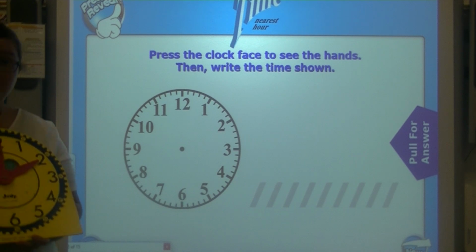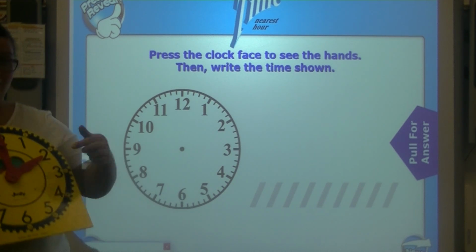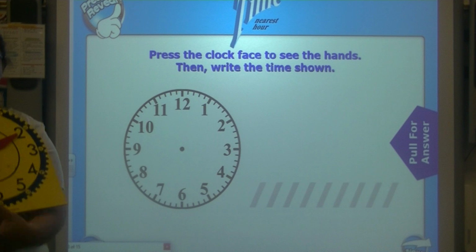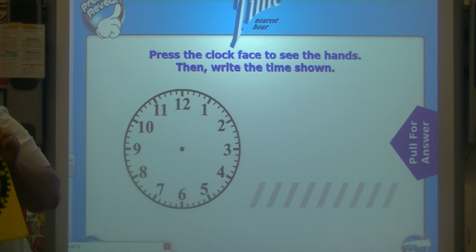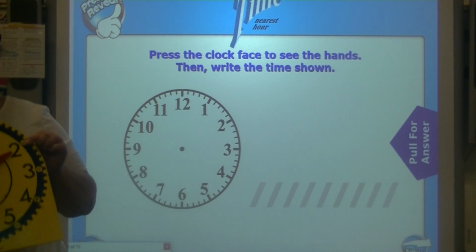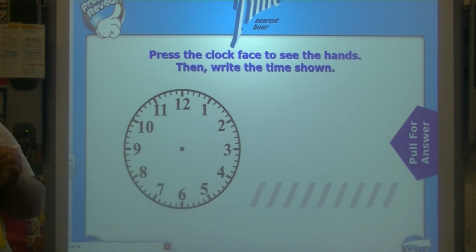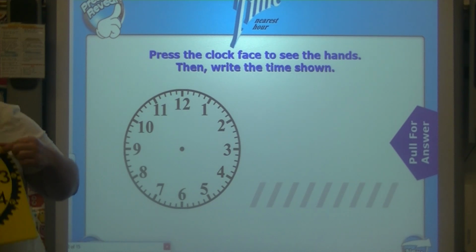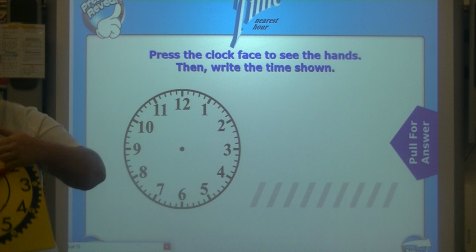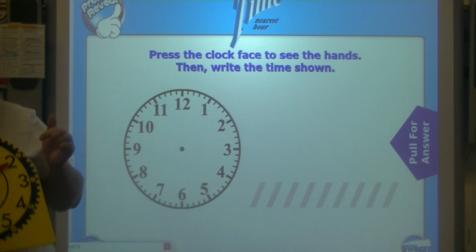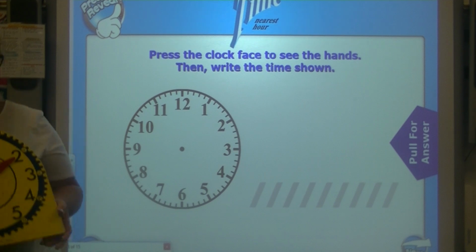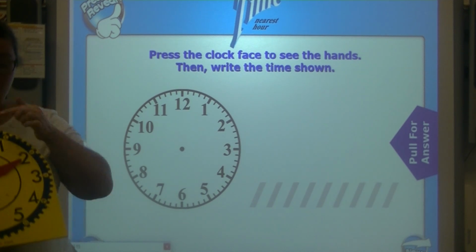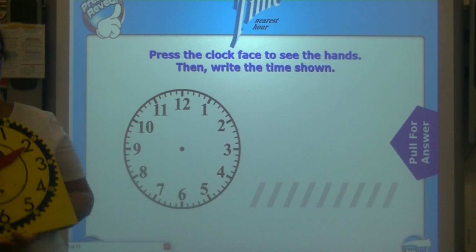Did you see it? All right, so I moved my minute hand all the way back around. My hour changed from 1 o'clock to 2 o'clock. So when the hour hand is pointing to the 2, my minute hand is on the 12. It is 2 o'clock. What do you think would happen if I go around again?